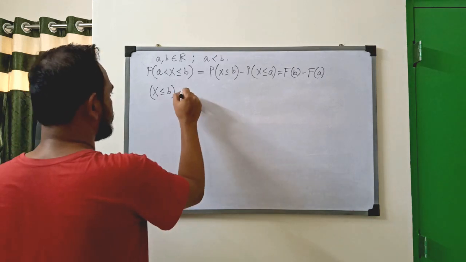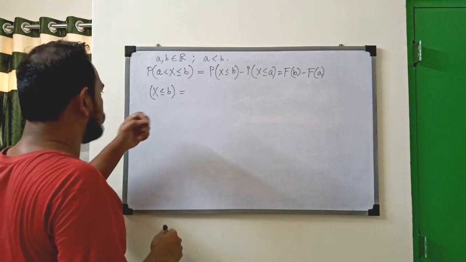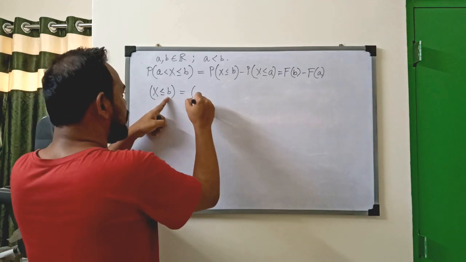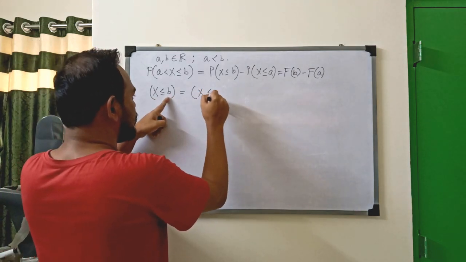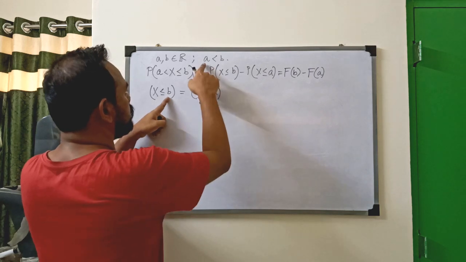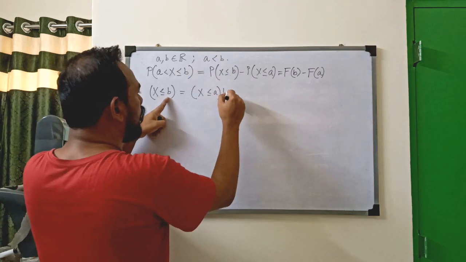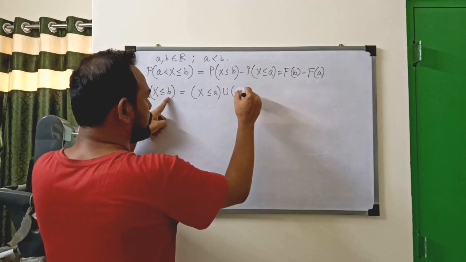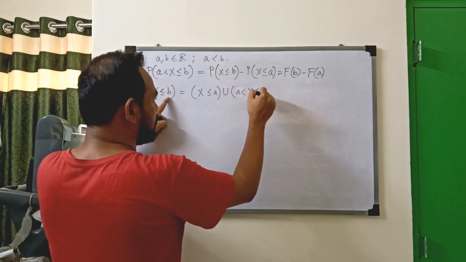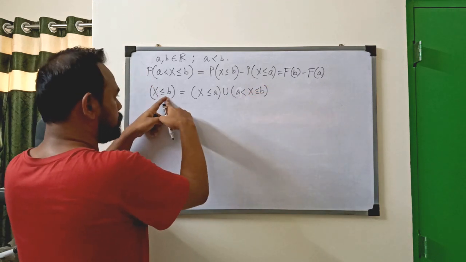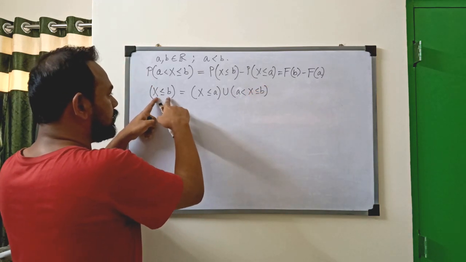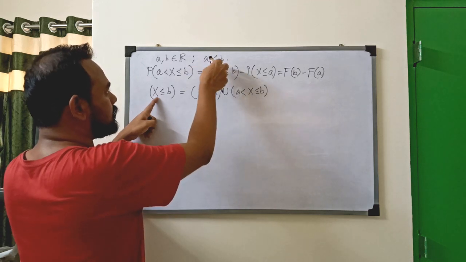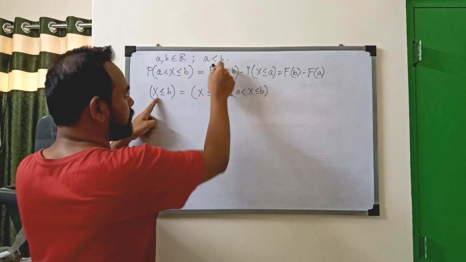This can actually be written as, so if X is to take a number less than equal to B, either it can take numbers less than equal to A, which is smaller than B, or it would take a number which is greater than A but less than equal to B. Of course, it has to be less than equal to B, whatever number X takes. But either it's smaller than A or it is in between A and B.